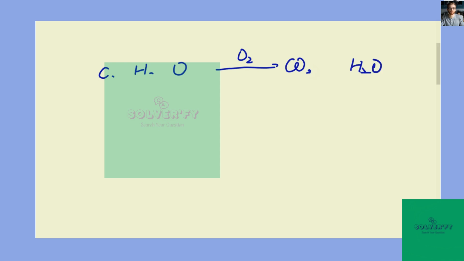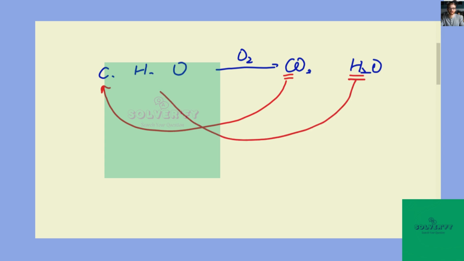From this, we know that the carbon comes directly from the compound, and the hydrogen also comes directly from the compound. However, for oxygen, some of it comes from the oxygen gas, and some of it comes from the compound. So the hard part is how to know how much oxygen comes from the compound.